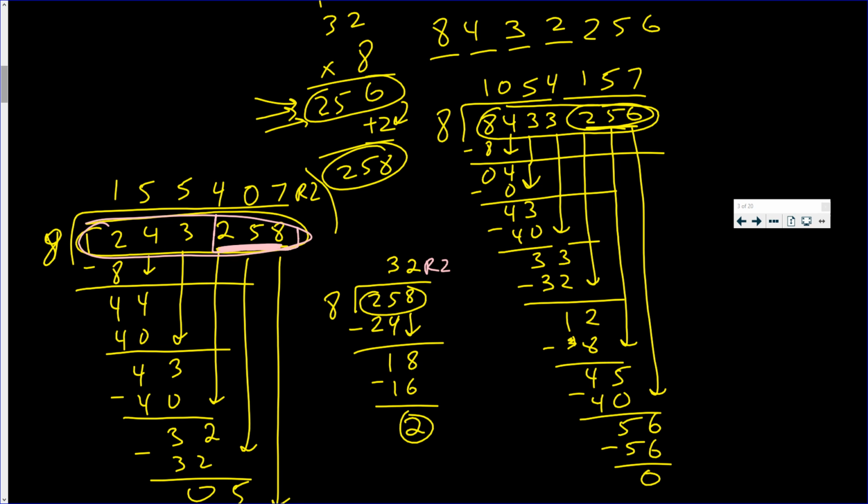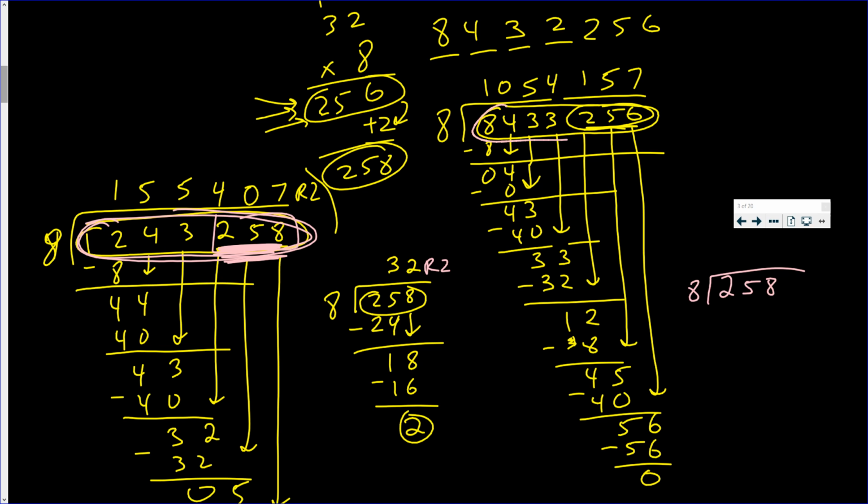Like for example, if I just ask you on the right here, does 8 go into that number? You'd have to do the long division. You'd have to say, I don't know, let me try. If I give you a bigger number, you still have to do the long division for the last 3 digits.